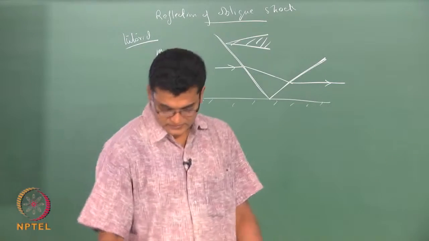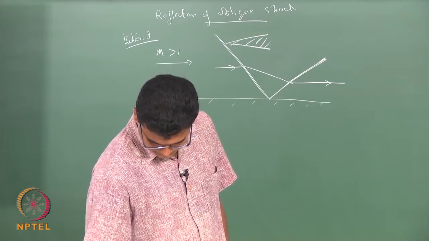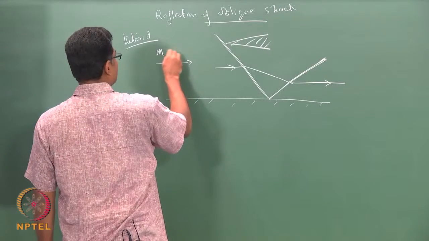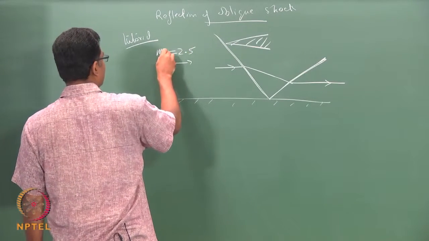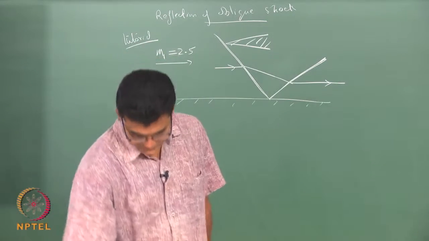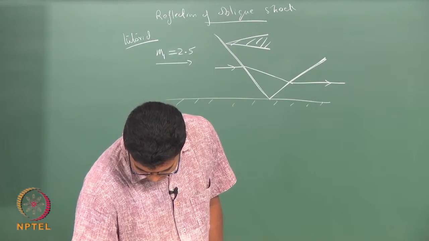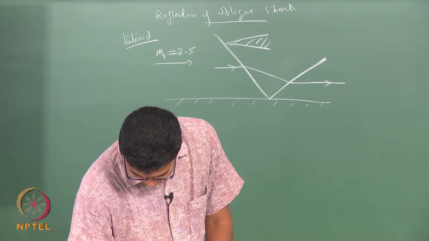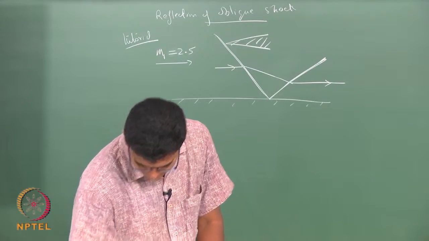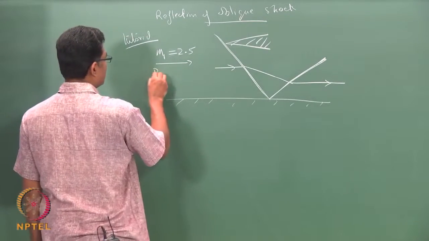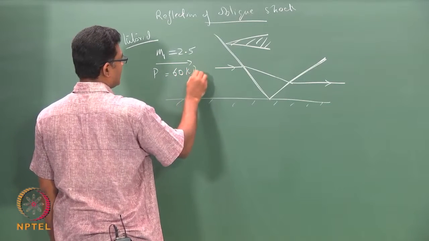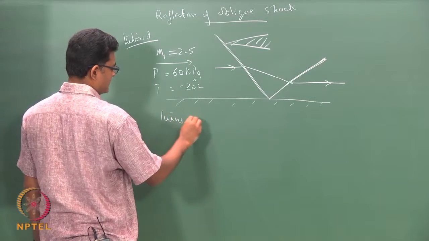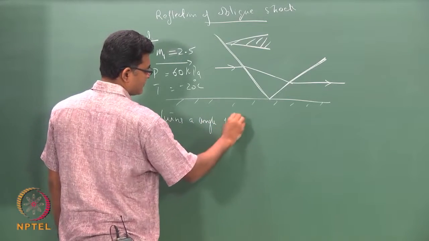So the values I have here: M equals 2.5, so M1 is 2.5, and the flow turns an angle of 4 degrees.